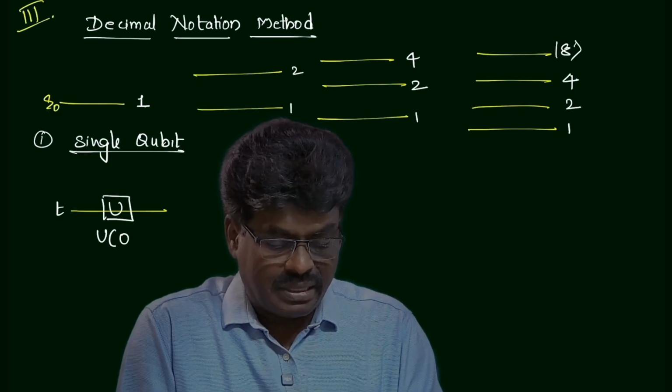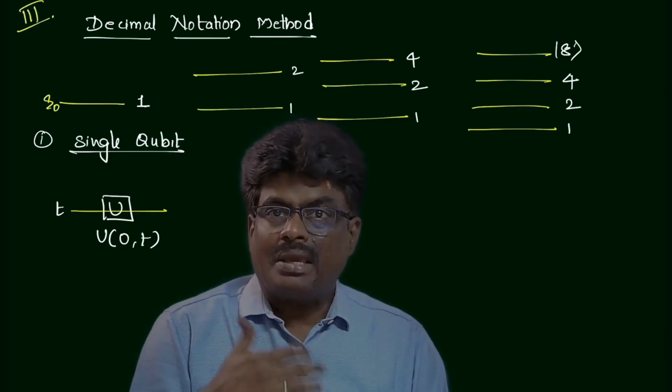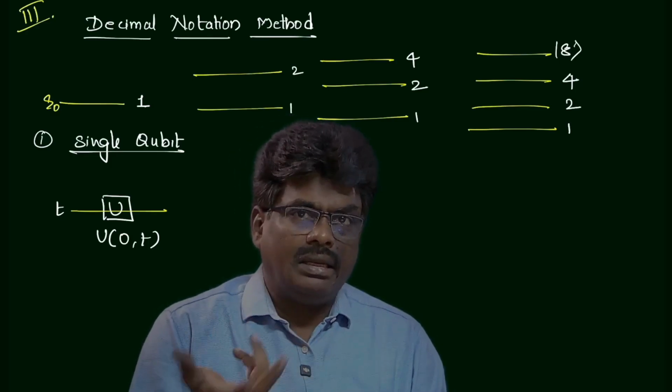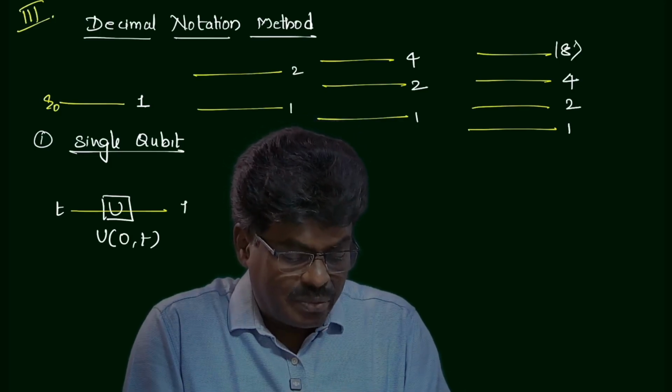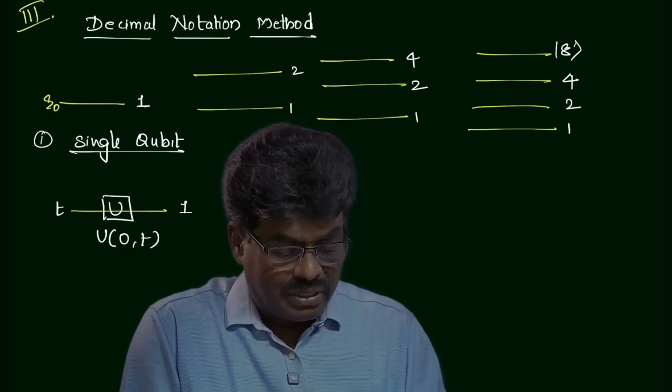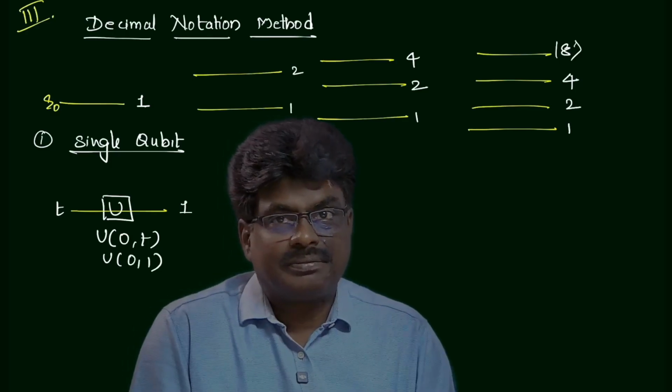Whatever you have, that is the target. Okay, 0 comma t. That's it. That U may be X, S, T, any single qubit gate you can take. For example, in this case, we have only one, so the operation is given by U of 0 comma 1.